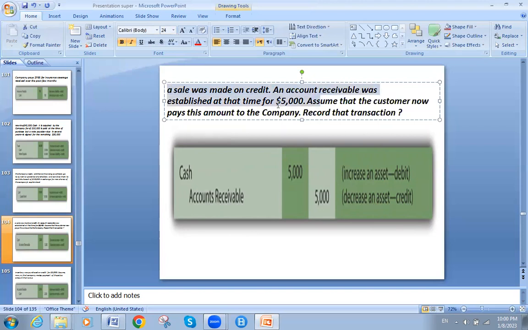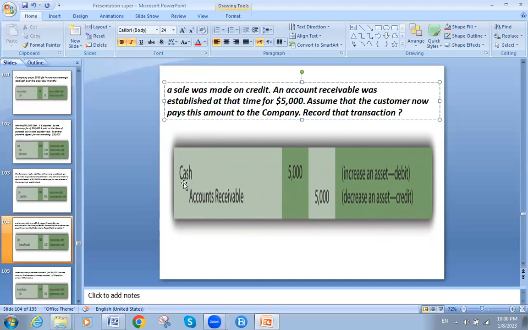The second thing: a sale was made, and an account receivable was established at that time for $5,000. Assume that the customer now pays the amount to the company; record the transaction. Once we have the payment from the one who took our goods, remember it was from account receivable to cash.